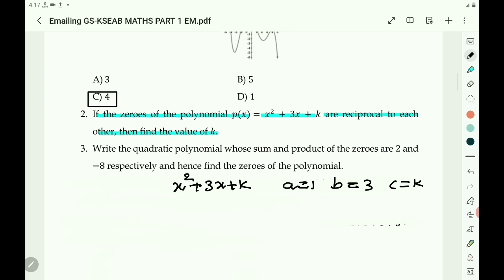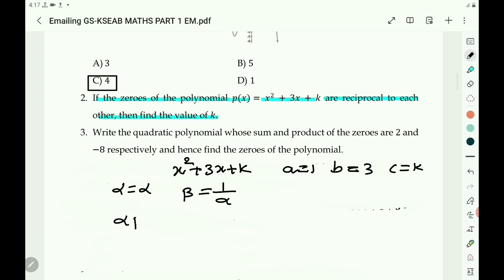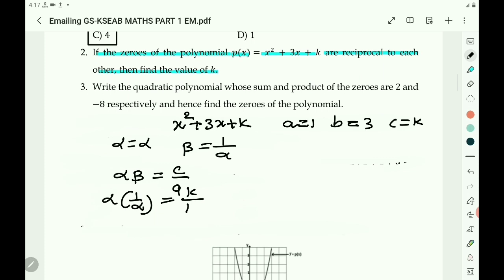Then if alpha is equals to alpha, then beta is equals to reciprocal alpha, that is 1 by alpha. You know that alpha beta is equals to c by a. Alpha into 1 by alpha equals c by a, that is k by 1. These two cancel. 1 is equals to k, so you got k is equals to 1.